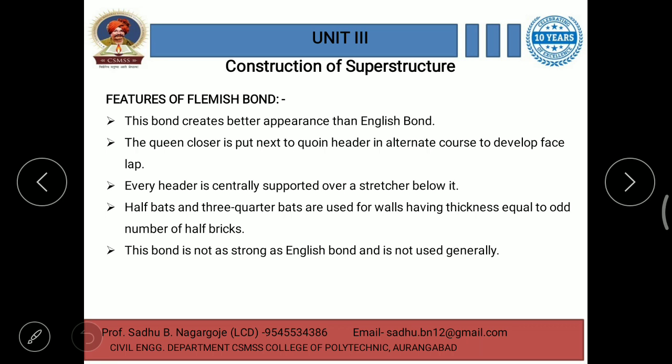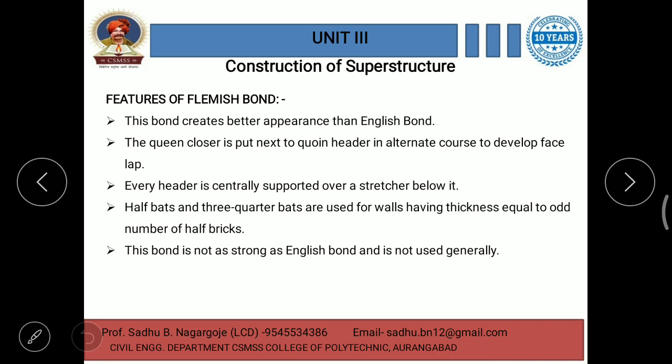Okay, and these points you have to remember while differentiating between these two. Okay, the next one is every header is centrally supported on a stretcher below it. Then half bats and 3/4 bats are used for walls having thickness equal to odd number of half bricks.